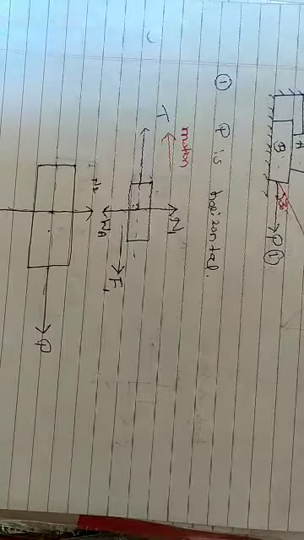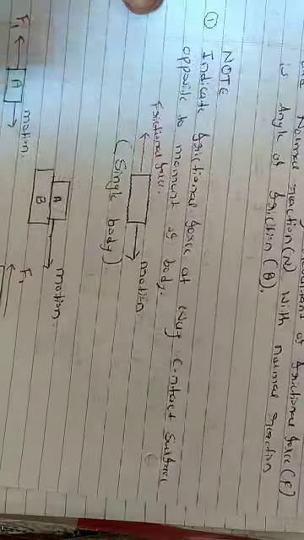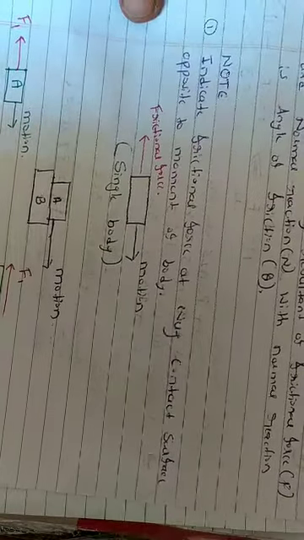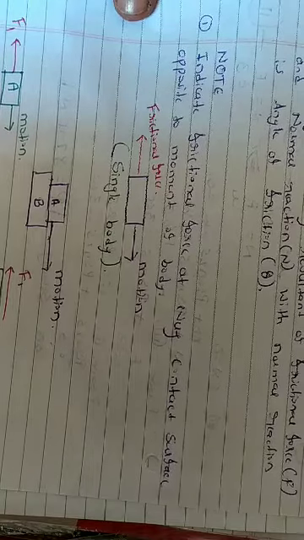If you remember, at the start of the notes I clearly told you that when two bodies are in contact, we need to indicate frictional force at every contact surface, opposite to the direction of the movement of the body.